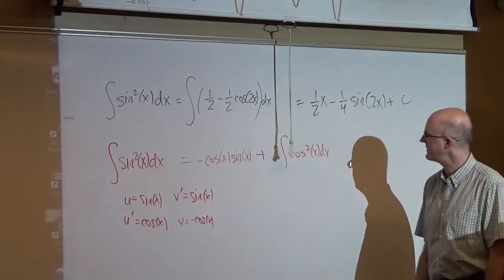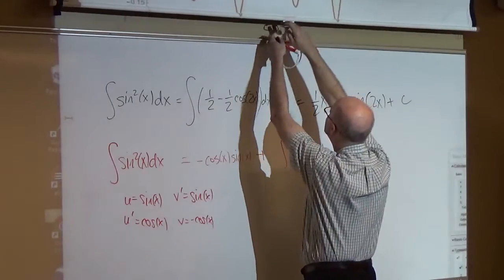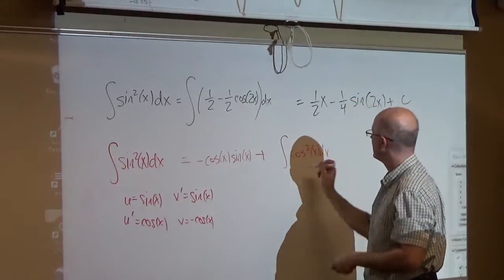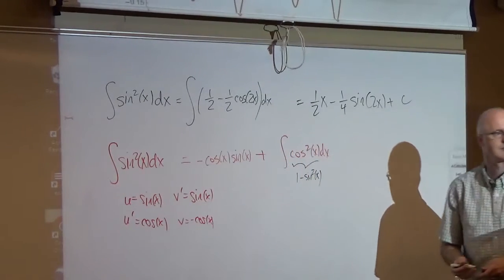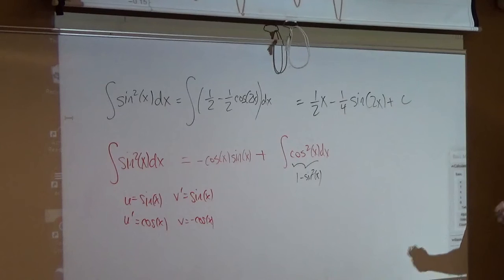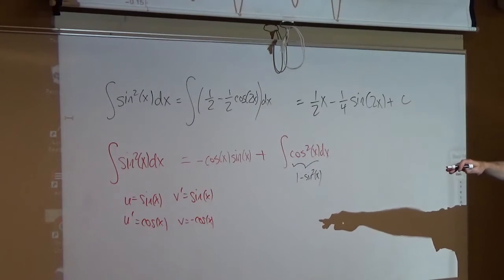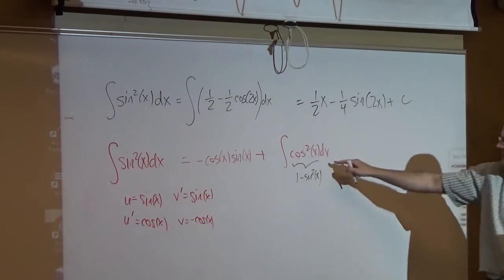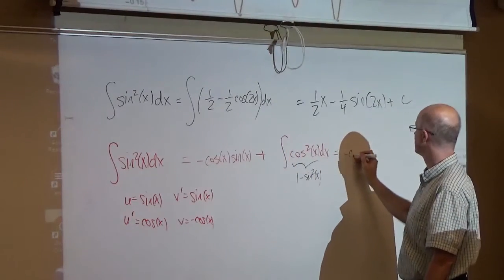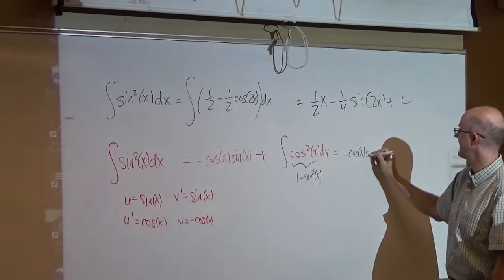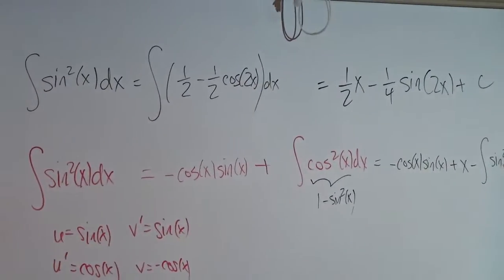But now, the best thing to do here is replace cos squared with 1 minus sine squared. You'll be able to do the integral of 1 pretty easily. The integral of sine squared, you can swing it to the other side, so you can solve for the integral that you want to know. It's the same integral as that one. I get negative cos x sine x plus x minus the integral of sine squared x.